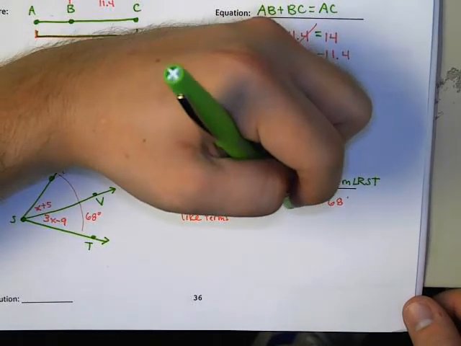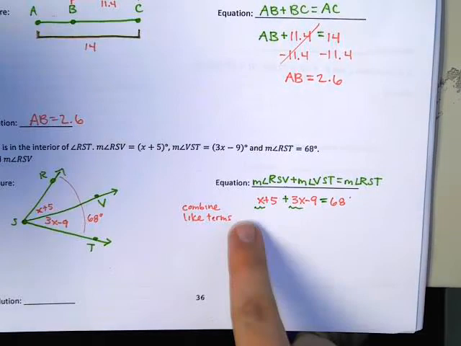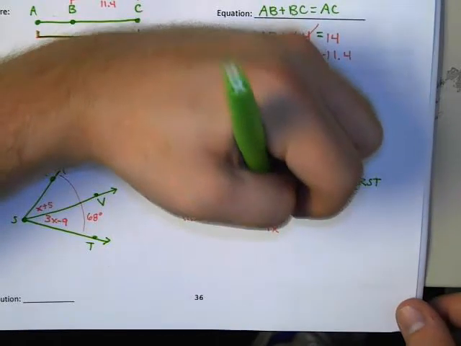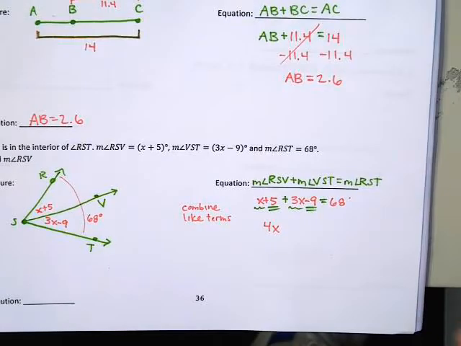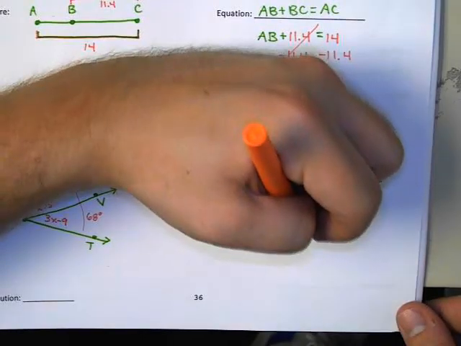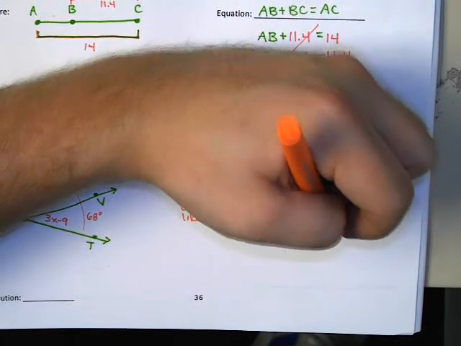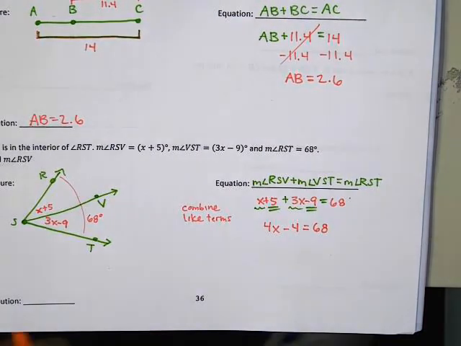Maybe you underline. If I have x and 3x, I have 4x. And if I have positive 5 and negative 9, that's a negative 4. And that has to equal 68. Hopefully we're good with that.